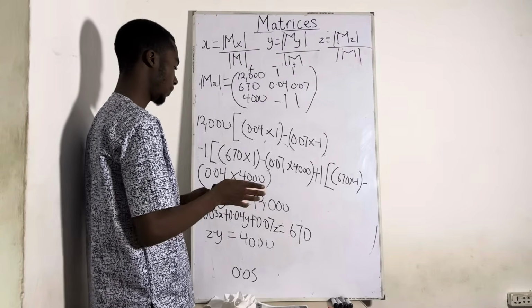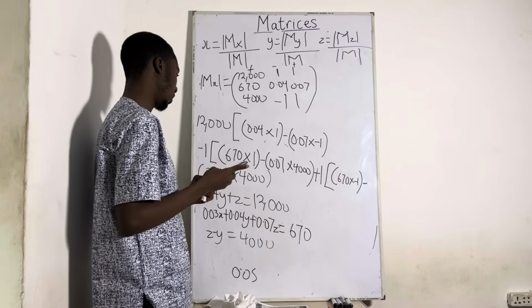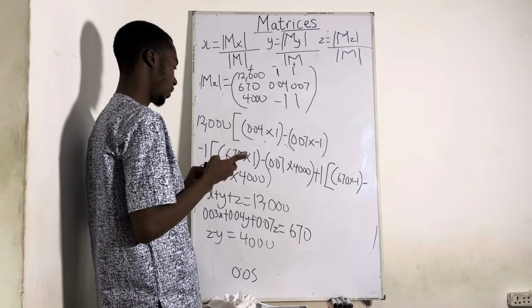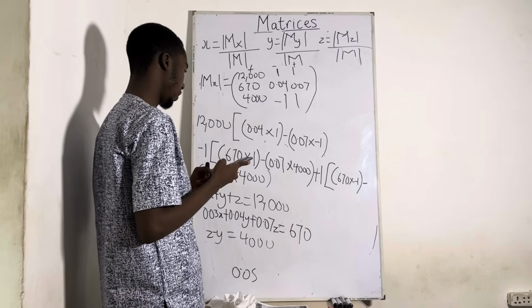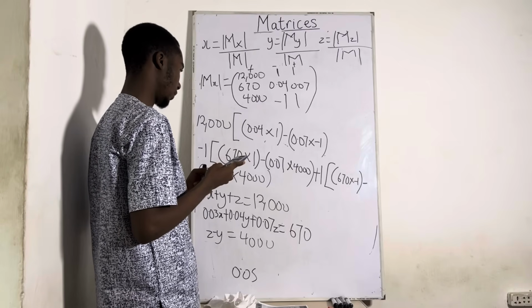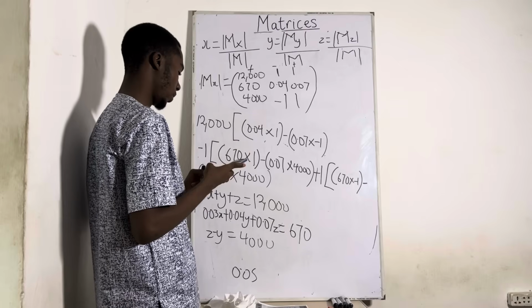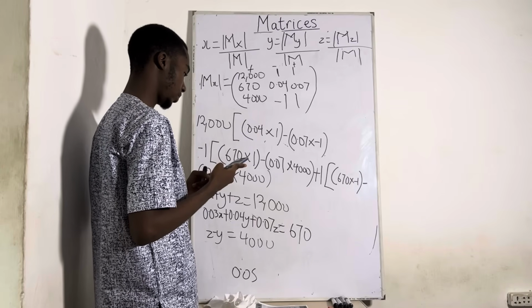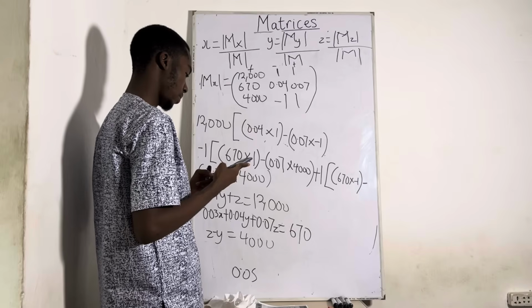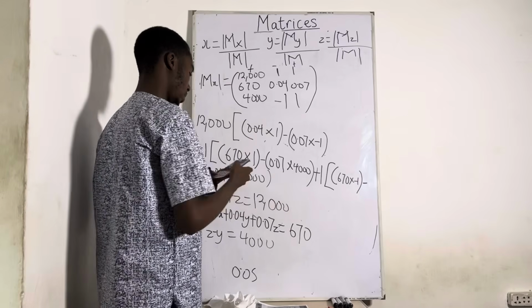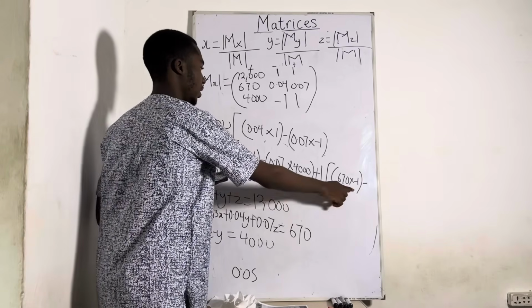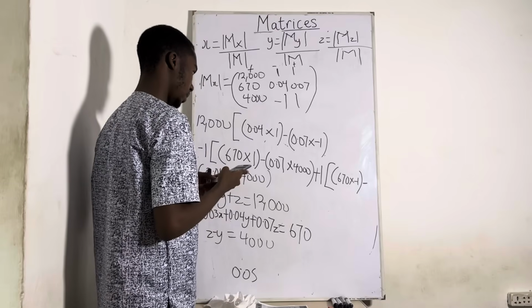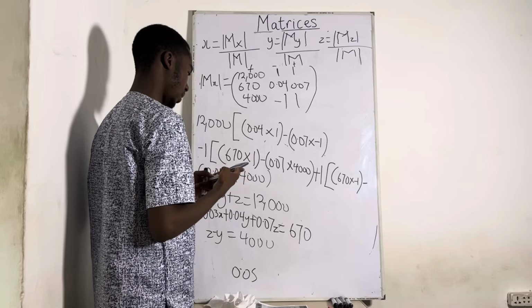You get it? So let's punch everything on the calculator. So negative 1 into brackets 670 times 1 minus into brackets 0.07 times 4,000 plus 1, then into brackets 670 times negative 1.